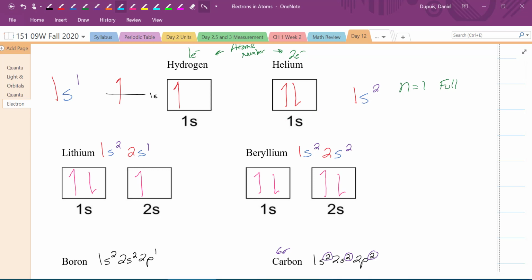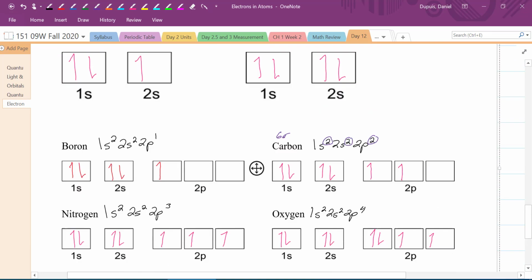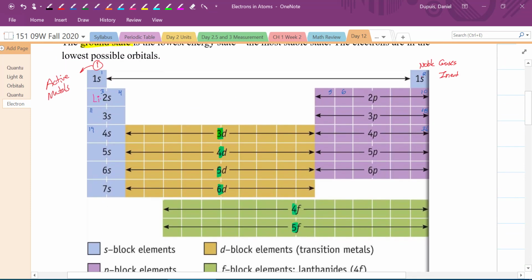All right. Okay, and so what we have there is a pattern that helps predict the charges of these main group elements. Because what we're going to learn here is that everyone in group 1 is s1. s2 in group 2. p1, p2, p3, p4, p5, p6, except for obviously this is s2, right?